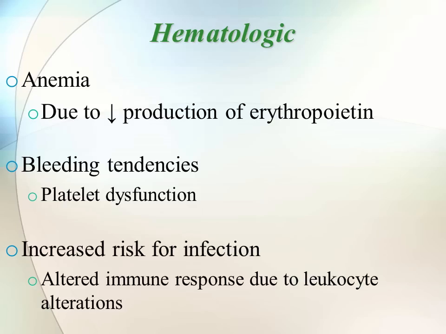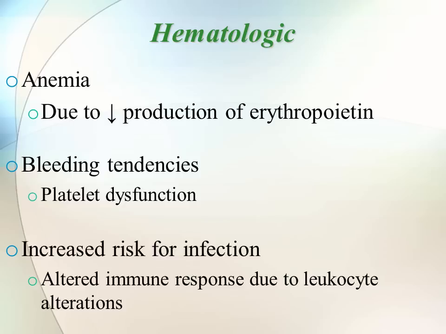Okay, hematologic system. Your kidney's really an important player in our blood volume. We talk about how it regulates with the renin-angiotensin-aldosterone system and ADH. It's involved in perfusion pressure. But the kidney is constantly checking oxygen levels, oxygen saturation, and volume.